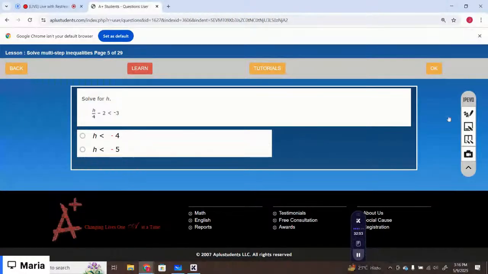Option number 1 is the correct option. That is H is less than negative 4.